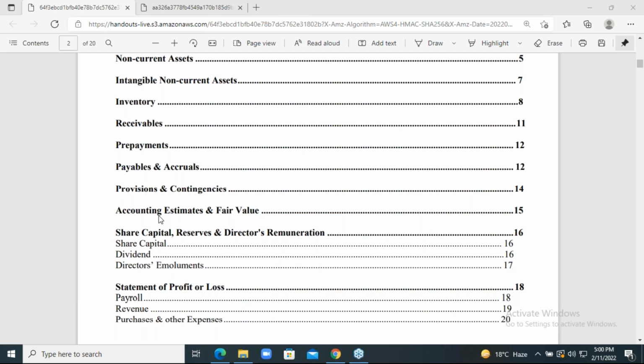So Ibrahim is asking a question. Yes, I will repeat the accounting standards again. Kindly note down.